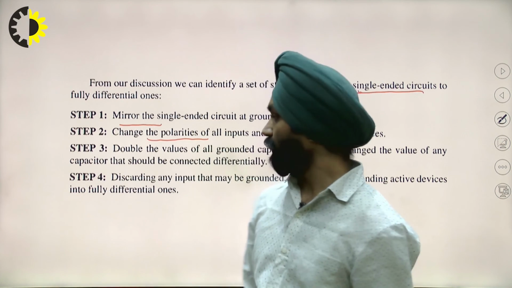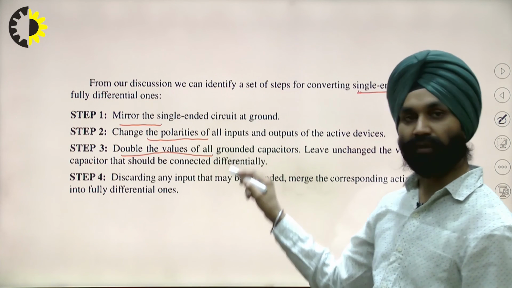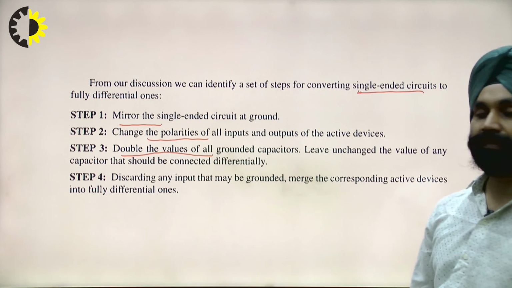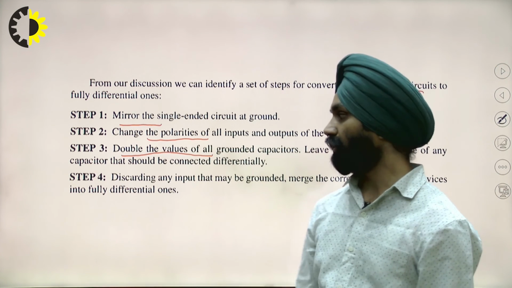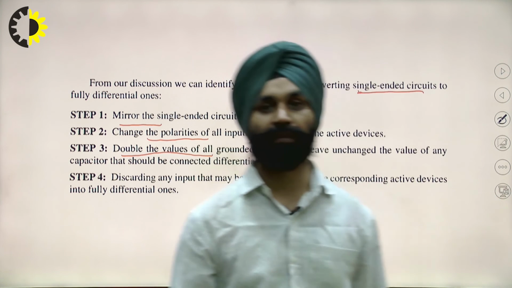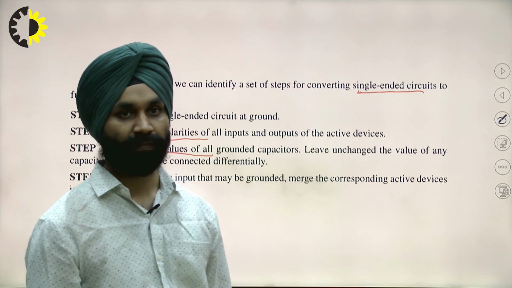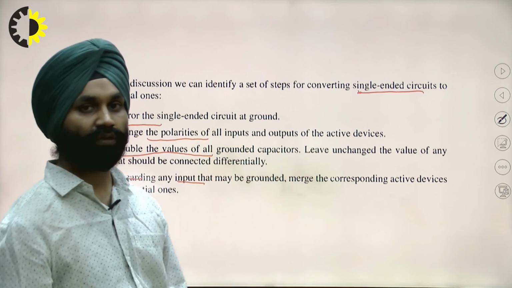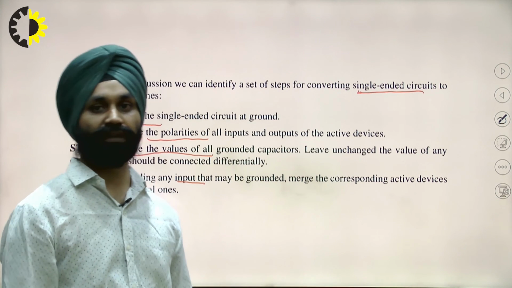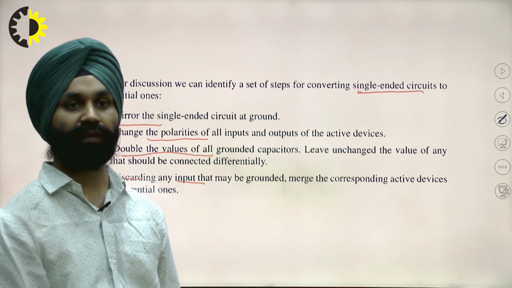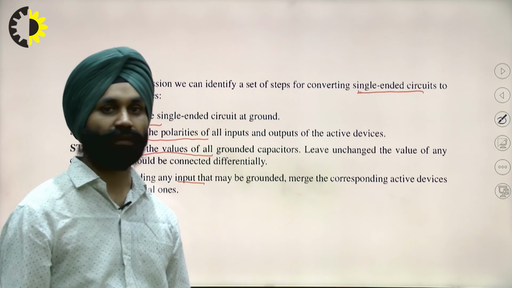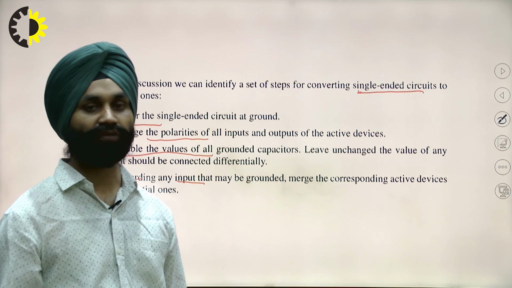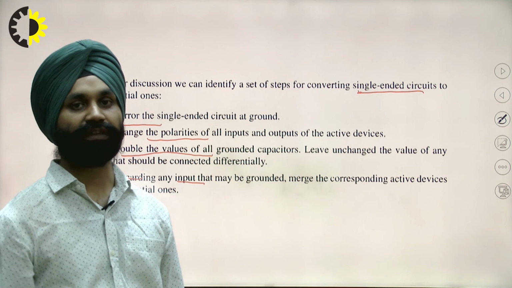Then we will double the value of all grounded capacitors, and any capacitor which is not grounded will remain unchanged. Lastly, discard any input that may be grounded, or the grounds may be merged, for the corresponding active devices into fully differential ones. So we have combined the two grounds of the capacitors to make a fully differential output.